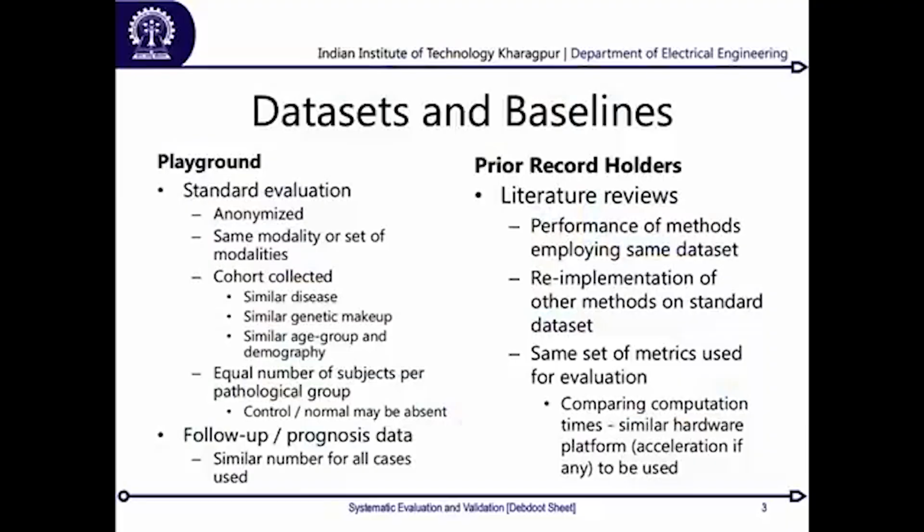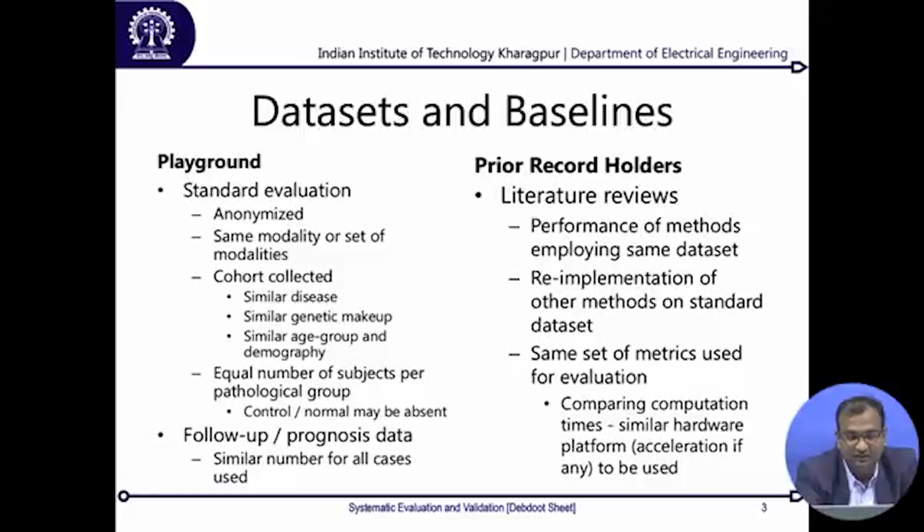Now from there we move on to the prior record holders and what we would mean in terms of what records we need to break. So over there you will be getting the prior record holders from your literature reviews.